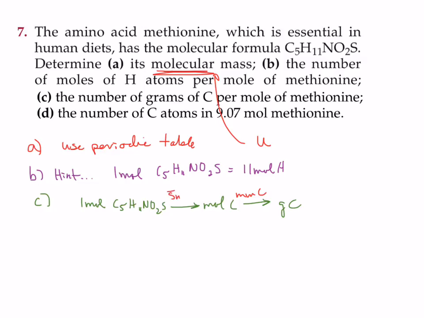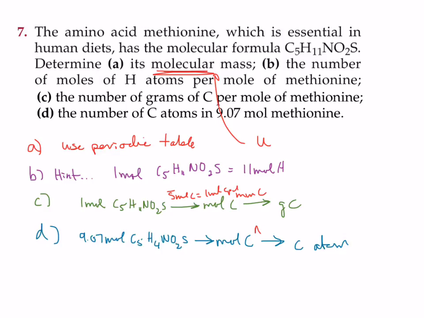The last one, you're starting with a different term. Instead of 1 mole of the compound, you have 9.07 moles of the compound. And you're supposed to come up with the number of carbon atoms.